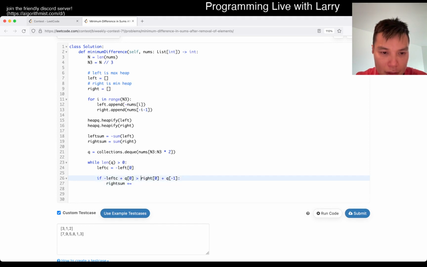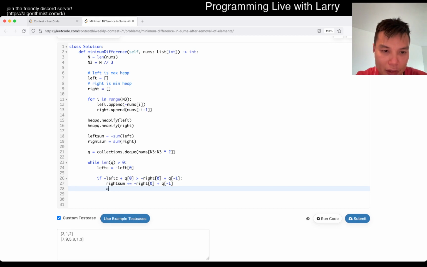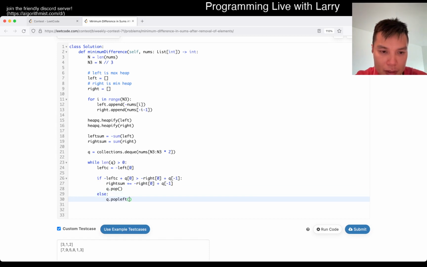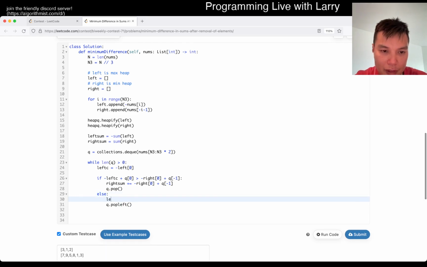Oops. Oh, and this is actually negative as well. If the right is the better move, then we do this, and then pop. Else pop left some, and also have to deheap.